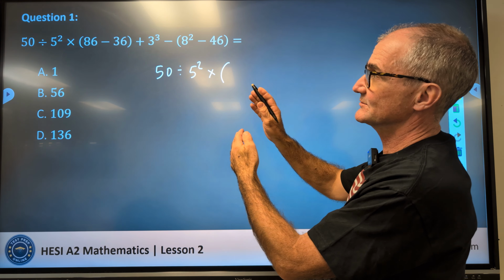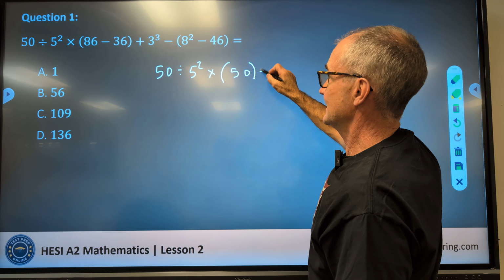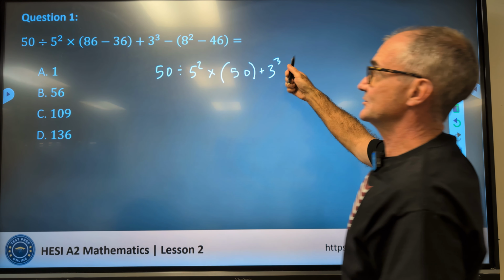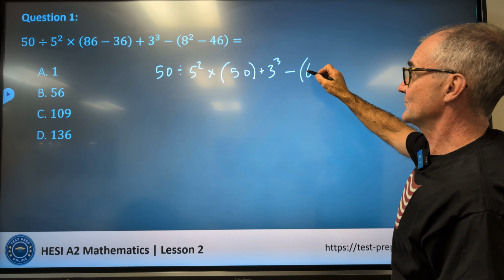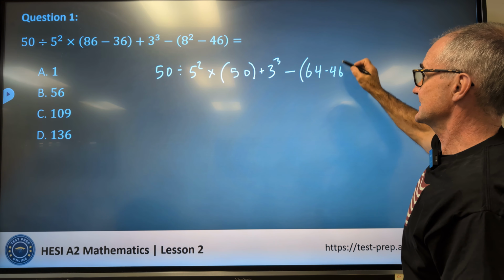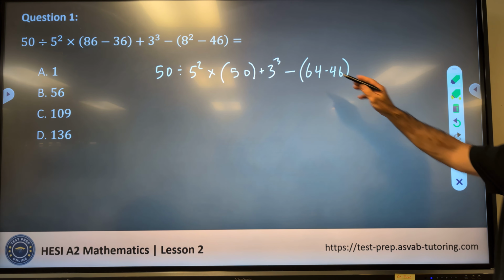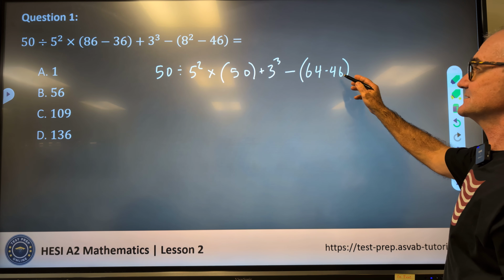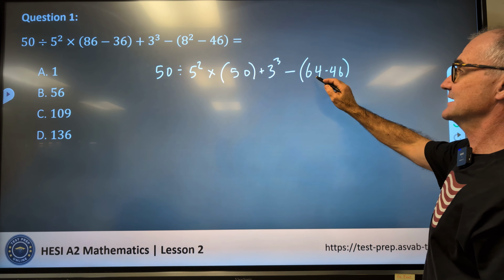Well, the 6's will cancel, so that's going to give me 50 plus 3 to the third power, that's cubed, minus, 64 is 8 squared, 64 minus 46. So now I have to do this as well. 64 minus 46, 20 would be 66, so it's got to be 18.